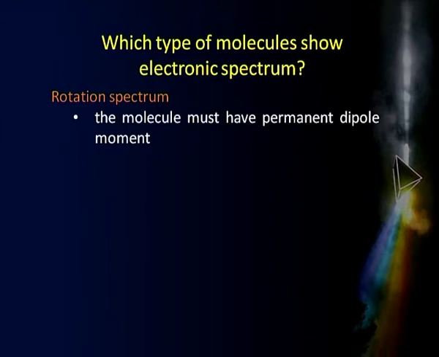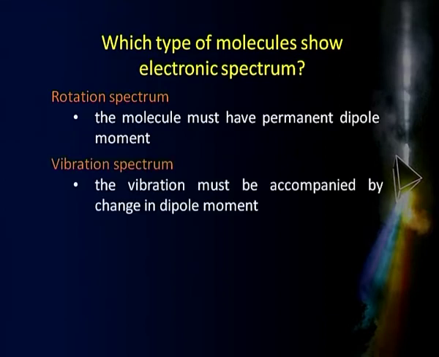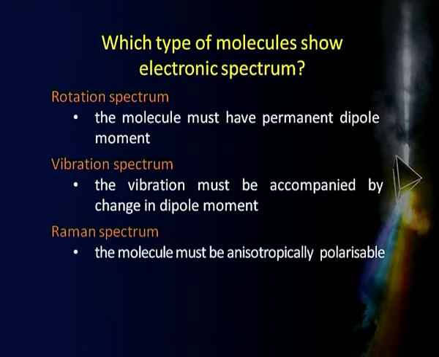That was a prerequisite. In the case of vibration spectrum, the prerequisite was that any vibration must be accompanied by a change in dipole moment, otherwise it will not be observed. And for the Raman spectrum, the molecule must be anisotropically polarizable. If the molecule is not anisotropically polarizable, then I will not see the Raman spectrum.